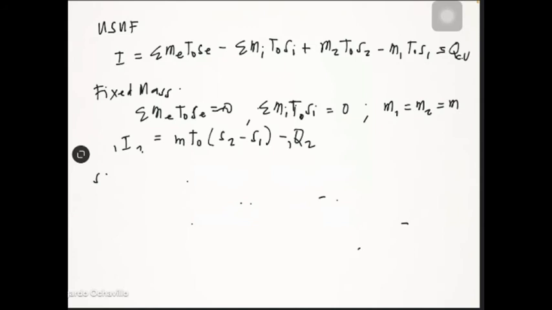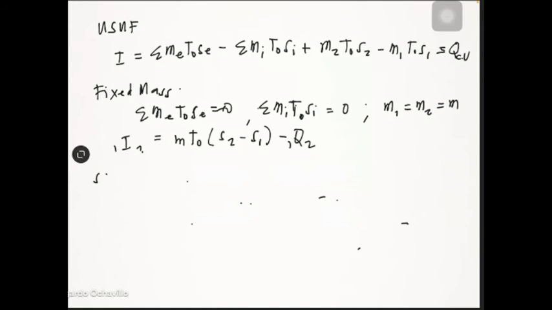This is the summation of METOSE minus the summation of MI TOSI minus the Q of your control volume. Therefore, you have this I here. We will factor out the TO in here.